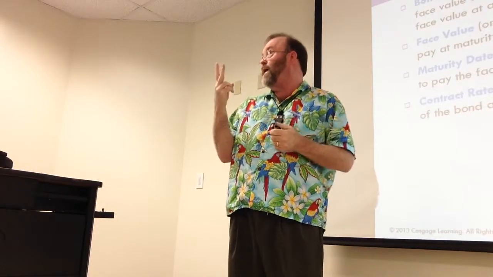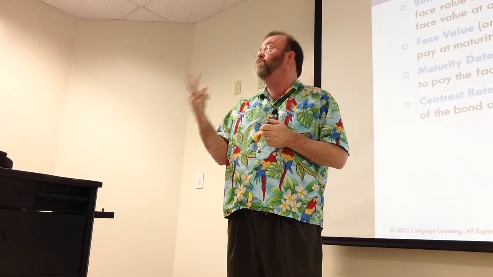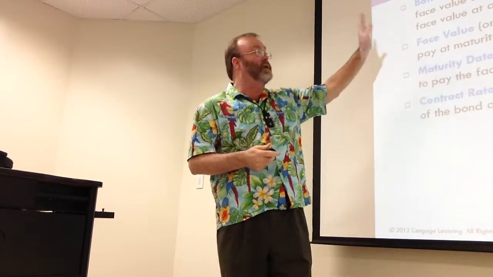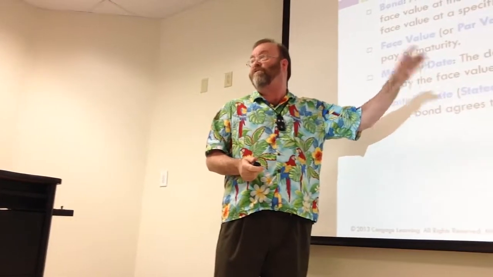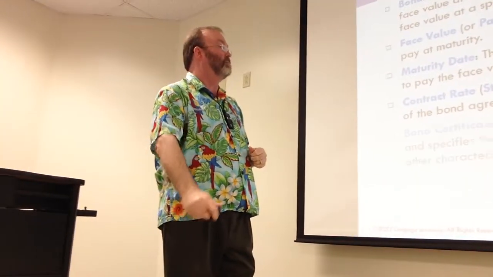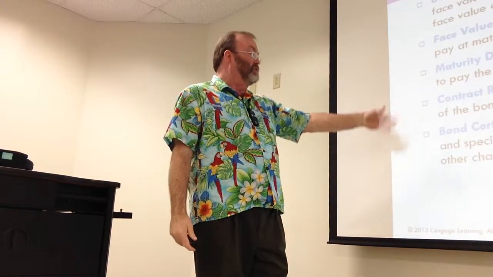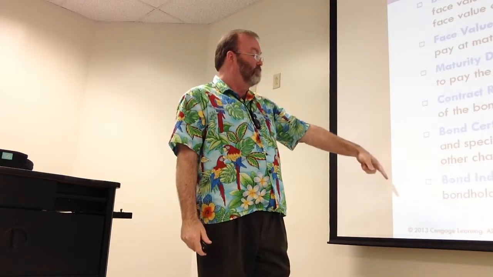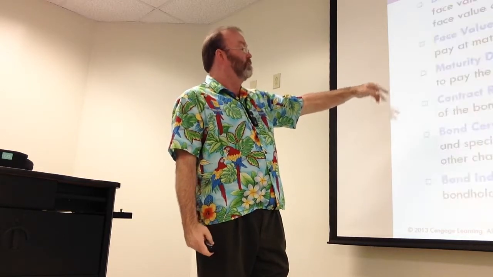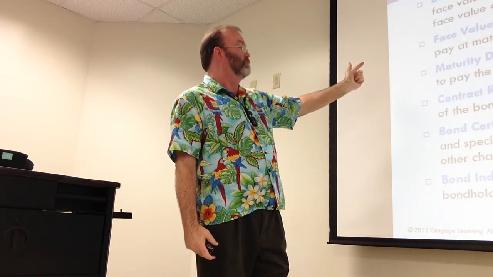So that's the second cash flow stream that we will use to calculate the price of a bond. All right? So these items are all printed on the face, and they're very ornate. They look very similar to a share of stock. So that's all on the bond certificate.